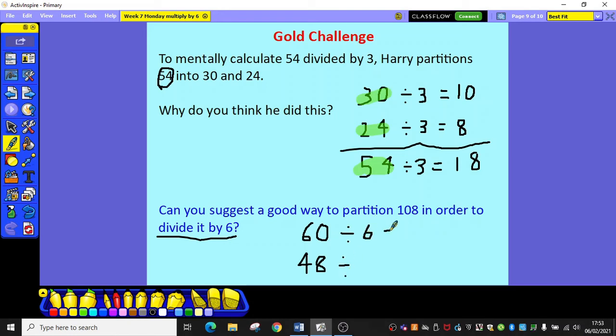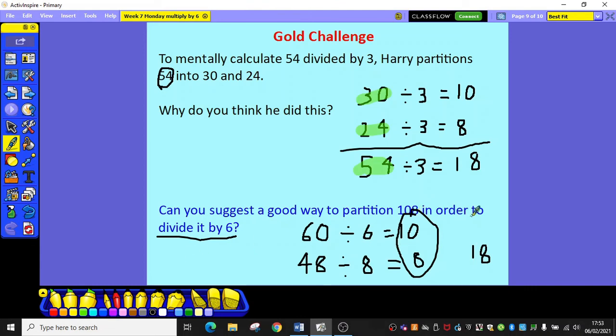Very simple, it's 10. And how many 6s go into 48? The answer is 8. 8 times 6 is 48. So this answer is also 18. Okay, 6 goes into 108 18 times.